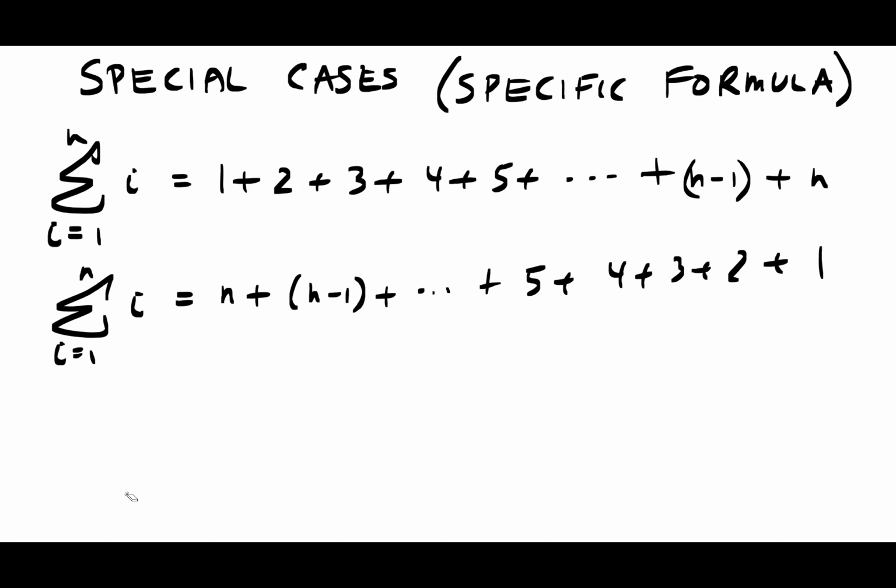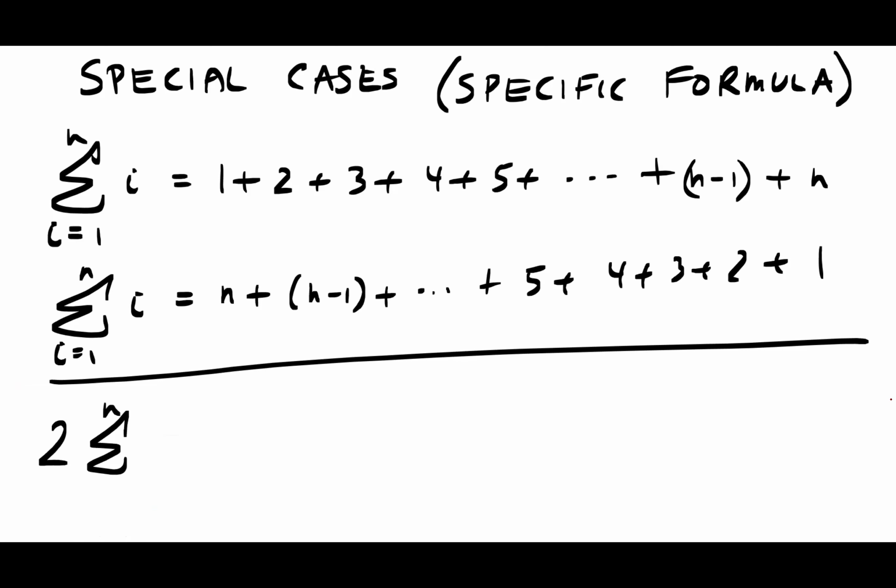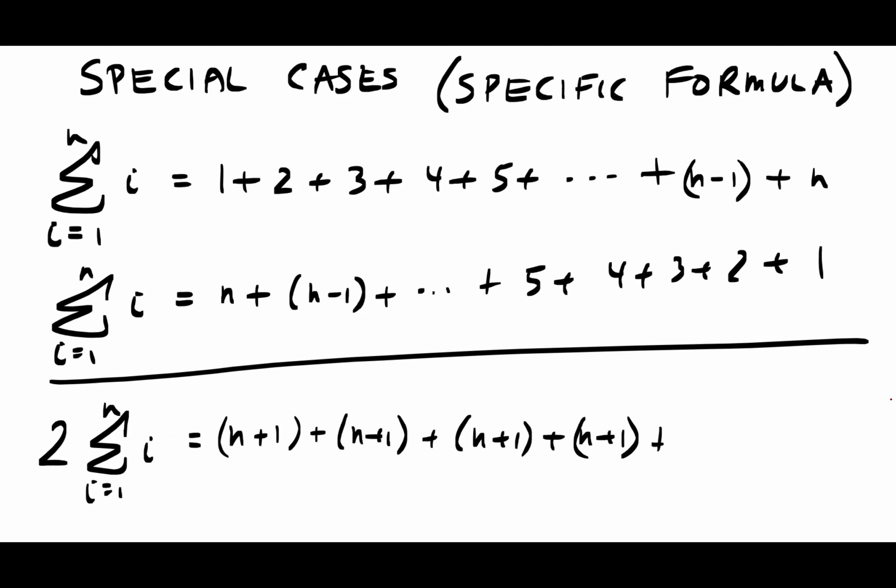We're making it. And if I were to add this up, I'd get 2 of these guys. And I got myself n plus 1, and another n plus 1. And I got this how many times again? N times. That's cool.